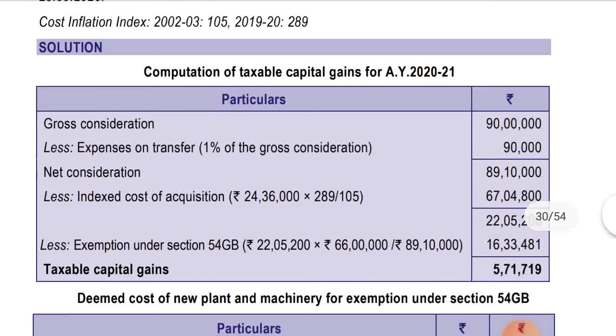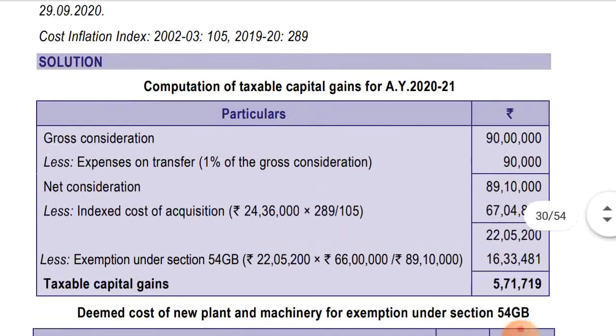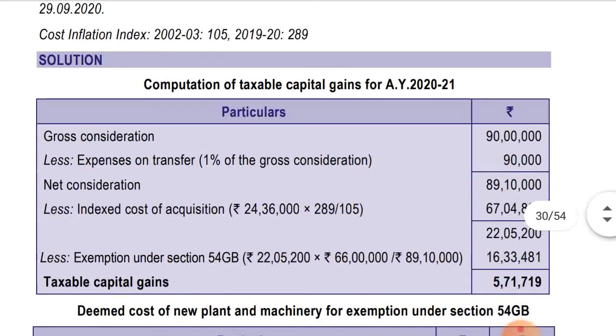Computation of taxable capital gain for the assessment year 2021. Gross consideration 90 lakhs, less expense on transfer 1% of the gross consideration, that is 90,000. Net consideration is 89 lakh 10,000, less index cost of acquisition, which is 24 lakh 36,000 into 289 by 105, the cost inflation index of the year of transfer over the year of acquisition.